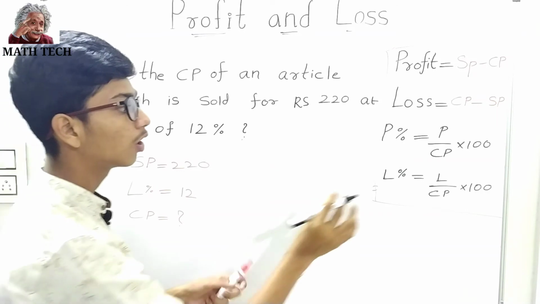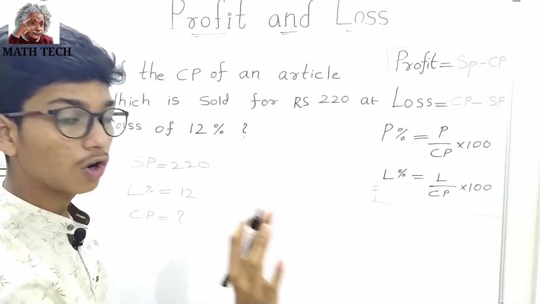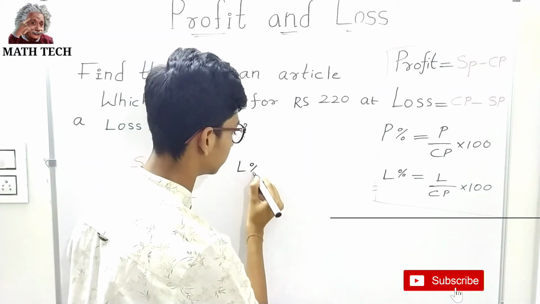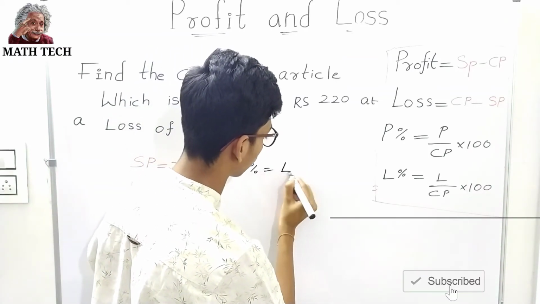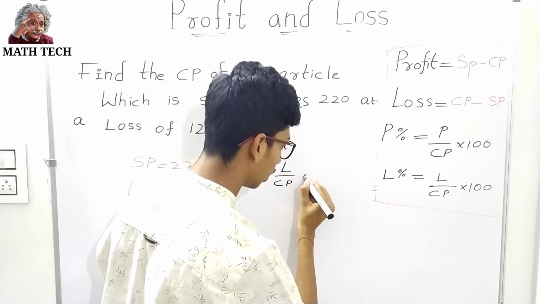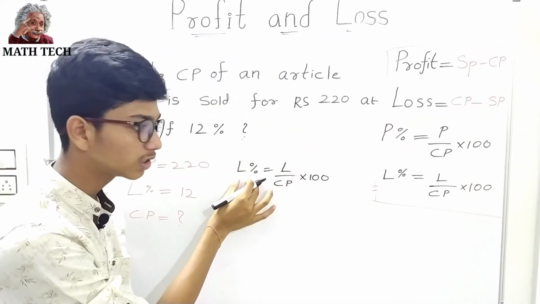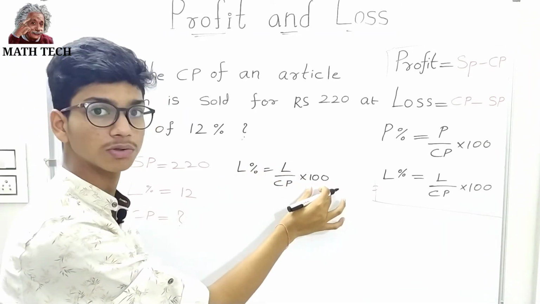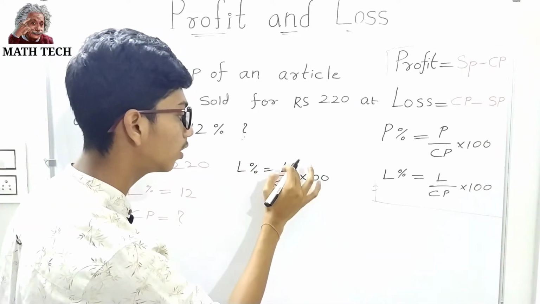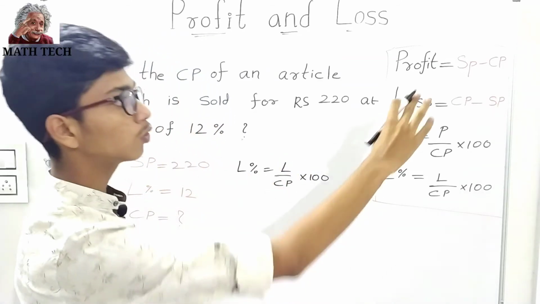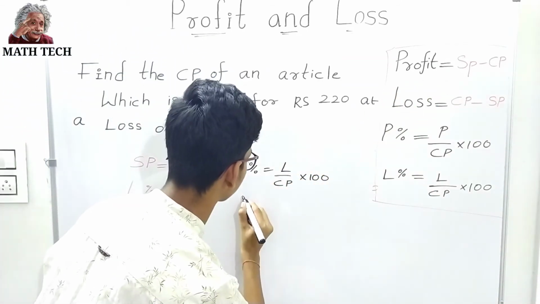We already know that loss percentage is loss by CP into 100. Here we know the loss percentage, and 100 is constant. First we want to find loss, that is loss is equal to CP minus SP.